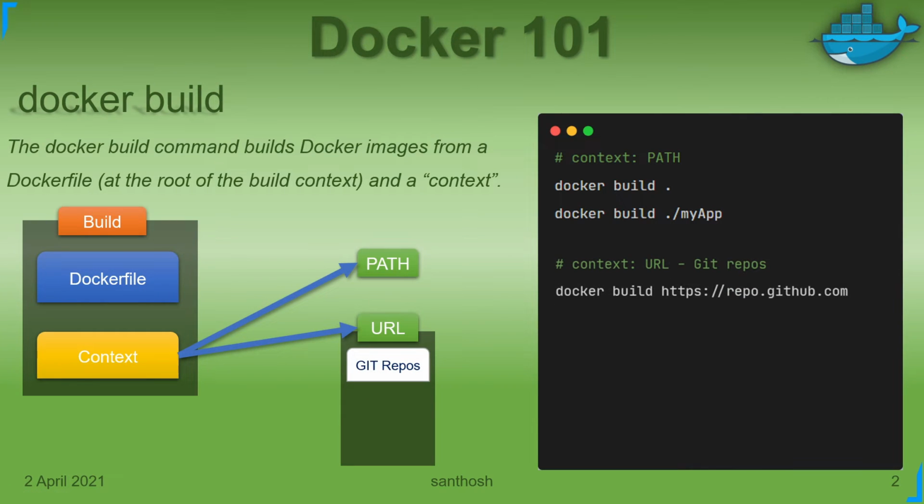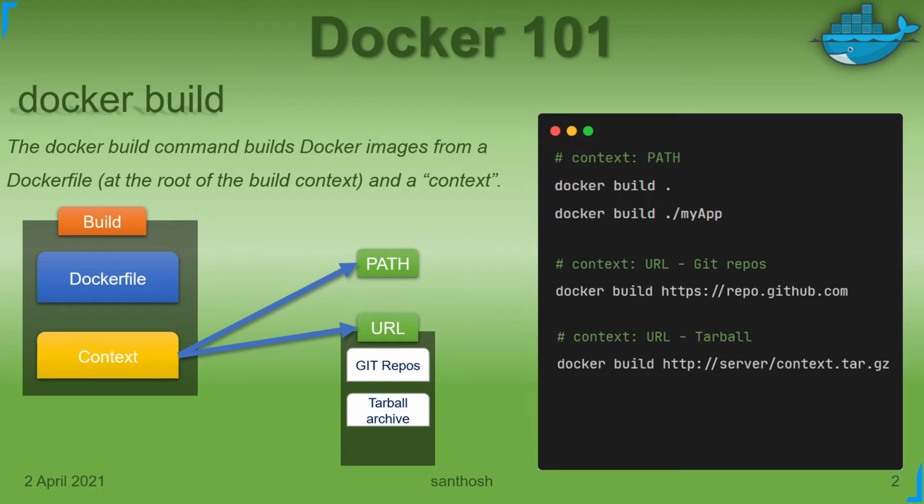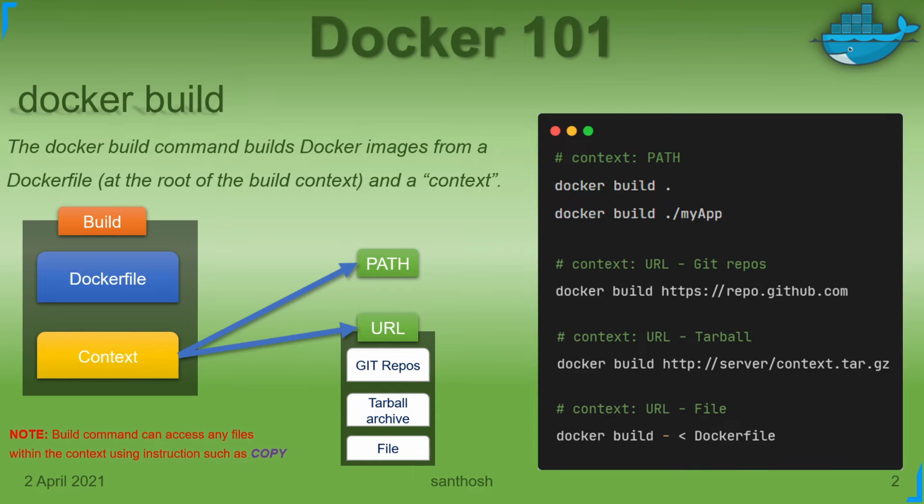It can be a Git repository from GitHub or even your private GitLab or so on. It can be a tarball archive, or it can be file-based. The build command can access any files within the context using instructions such as COPY.